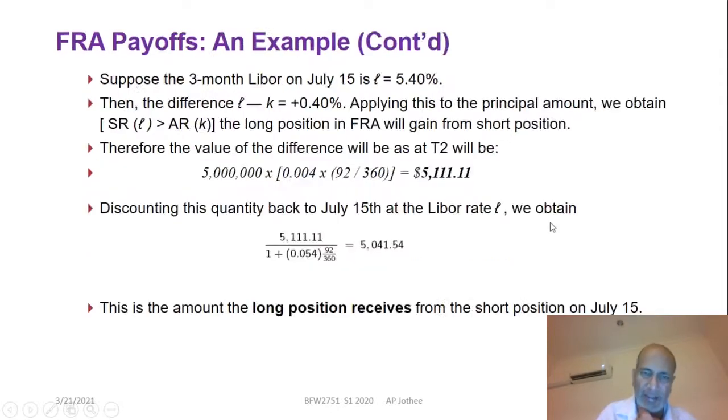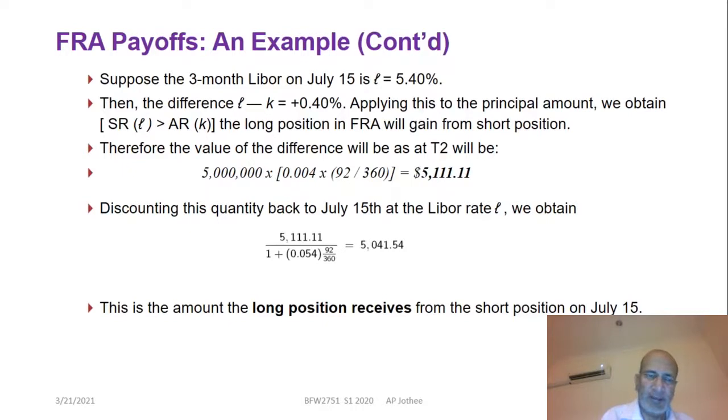So on the T1 day, we call L 5.4, that is 0.4% higher. So the difference between L minus K is 0.4% higher. How many decimal places is 0.4%? It is 0.004.